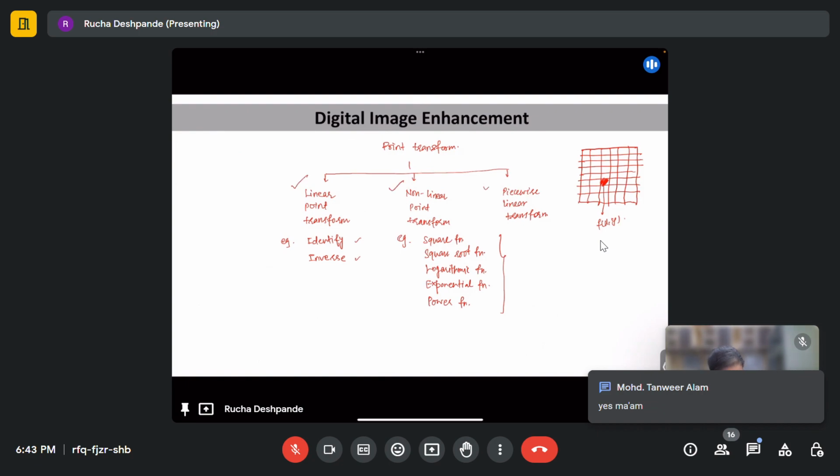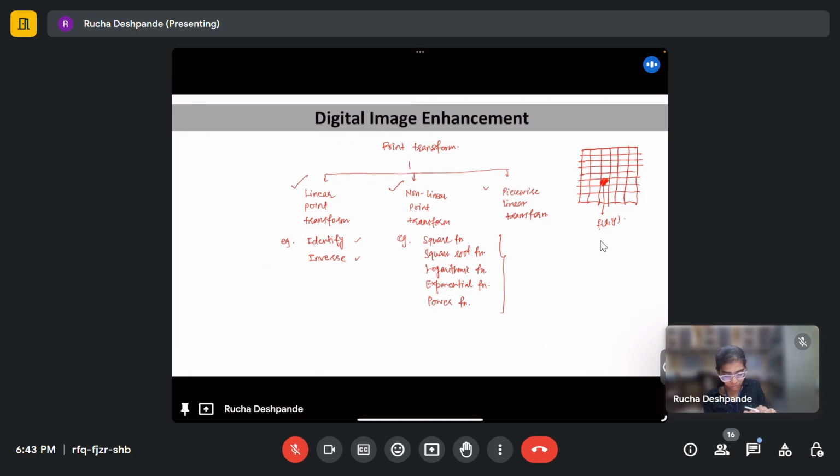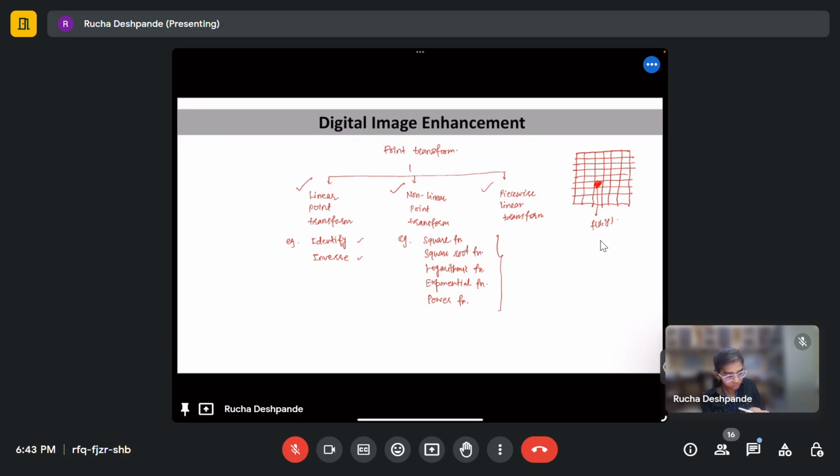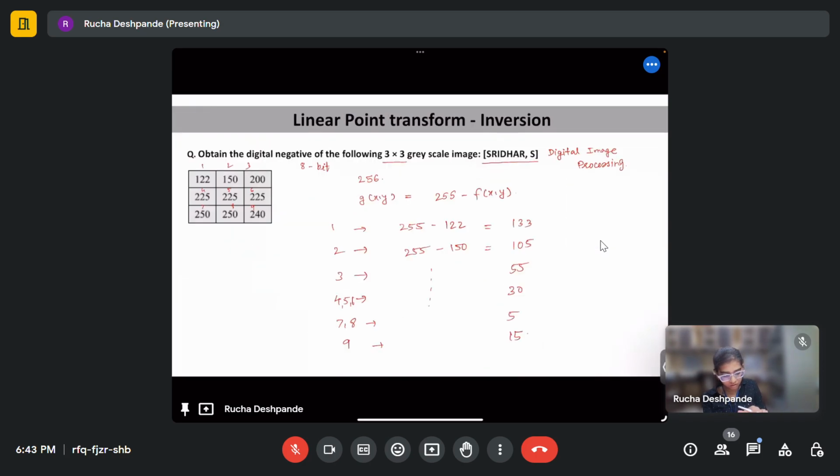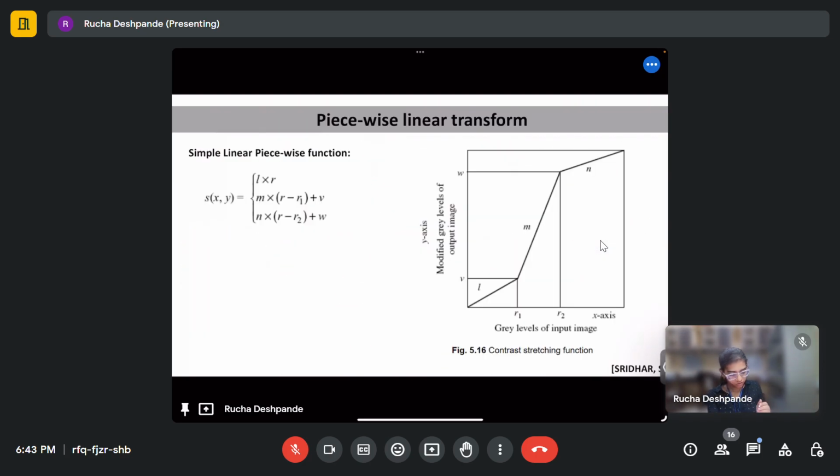Now let's do piecewise linear transform. So piecewise linear transform is also used to manipulate contrast of the image.